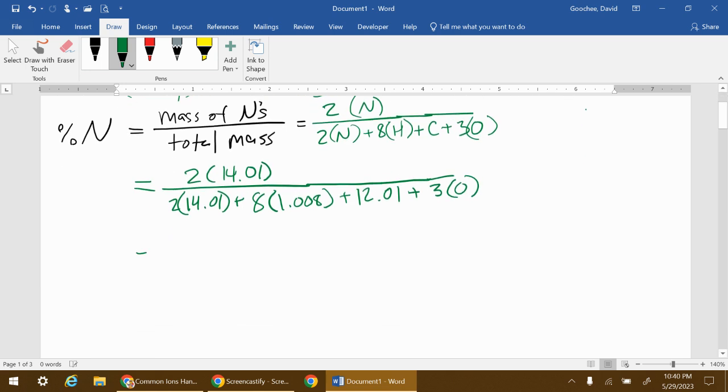So the top is going to be 28.02, that's 2 times 14.01, and the bottom is, I'm going to need a calculator. Let's see here. So 28.02 plus 8 times 1.008, that's the hydrogens, plus 12.01 plus 3 times 16.